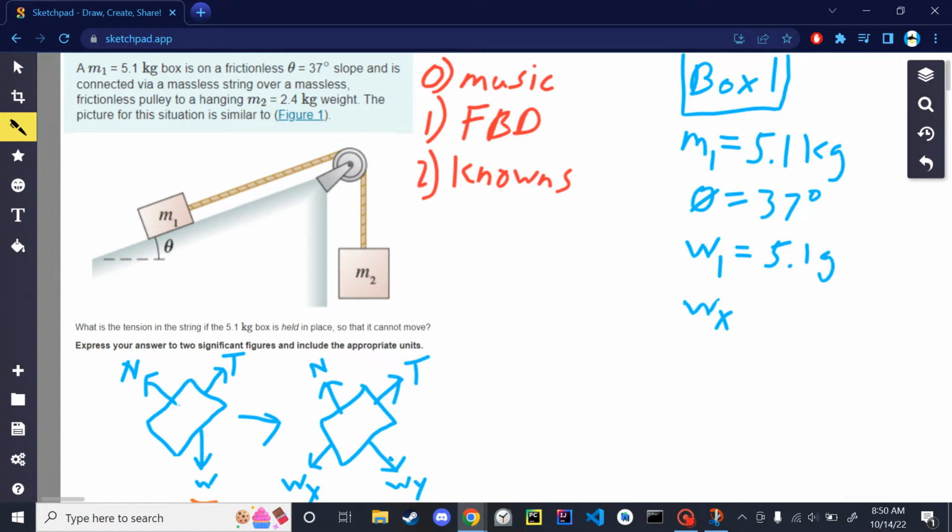that's going to be the opposite. So if you were to draw the addition of vectors that make up W, it is going to be the opposite side. So we know that that is going to be 5.1 G times sine of theta. I should just put 37 there.